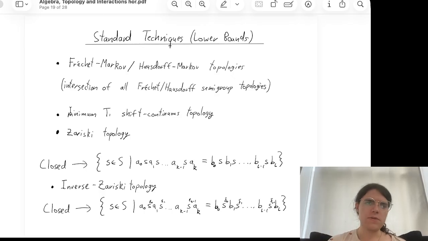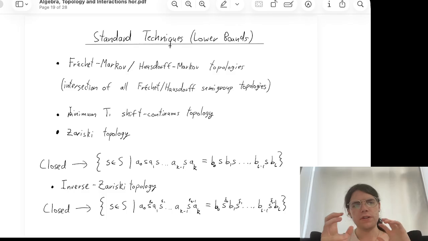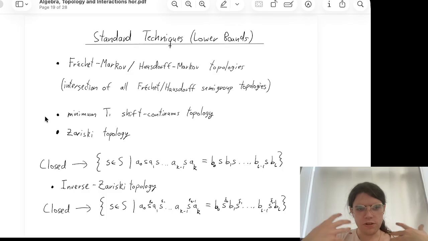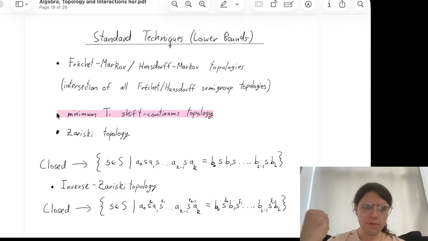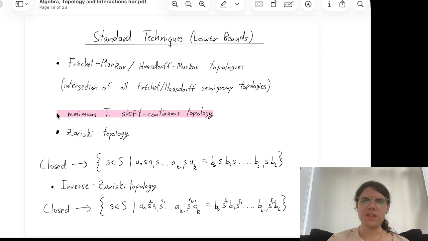However, it is true that the intersection of T1 topologies on a set is T1, and the intersection of shift continuous topologies on a semigroup is shift continuous. So you can intersect all of those, and you do get a T1 shift continuous topology on your semigroup. So there's always a smallest topology on your semigroup which is compatible with it in this sense. So you can look at that.